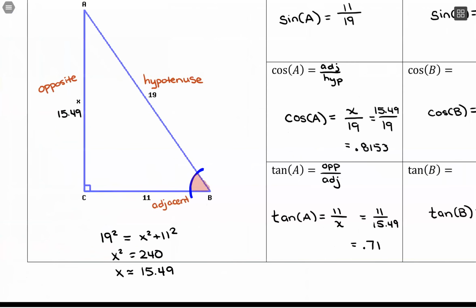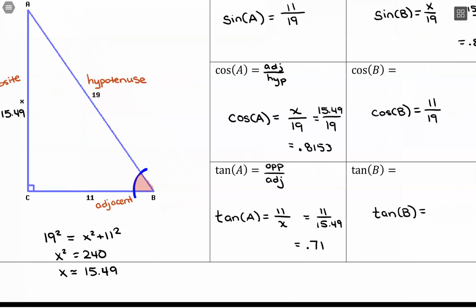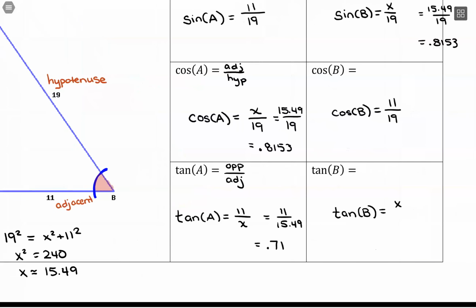So tangent of B is opposite over adjacent, so we'll have x over 11, which would be that 15.49 over 11, which would reduce down to 1.41.